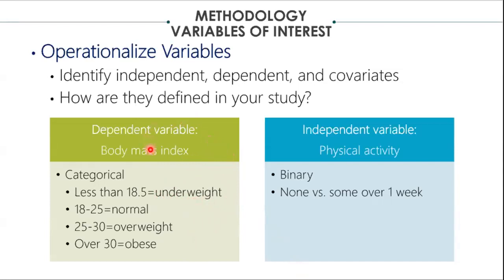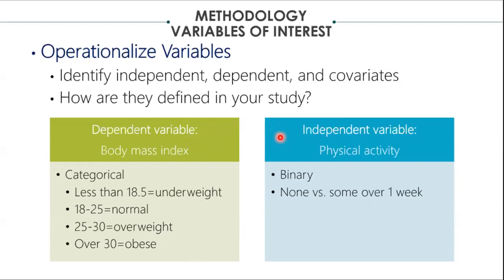You may also want to include how this is being measured. So you might say, I will be measuring the BMI of participants directly, or if you're doing some type of secondary data analysis, it may be that you are pulling this information from an existing data set.